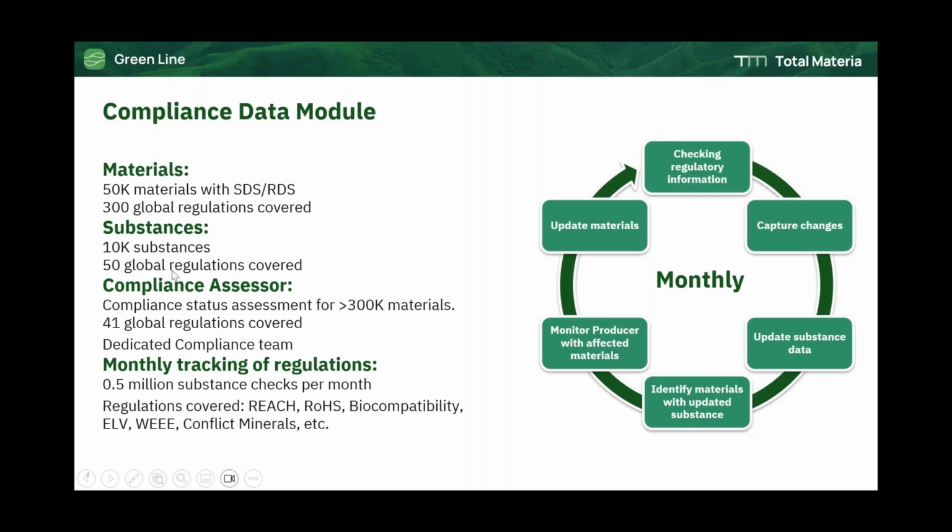We cover, as you see, in terms of substances, about 50 global regulations. On the materials level, 300, REACH, RoHS, biocompatibility, conflict minerals, critical raw materials. So we try to cover all those different things, and it helps you monitor your chosen materials. Have any changes been associated with the compliance regulation?